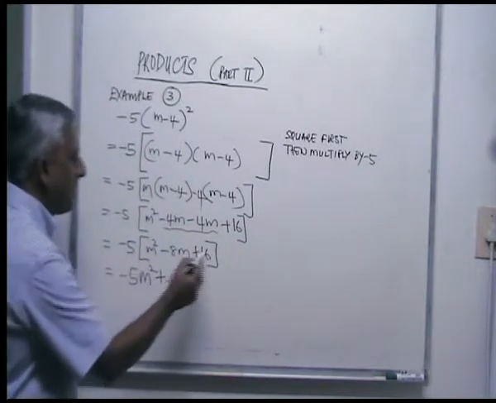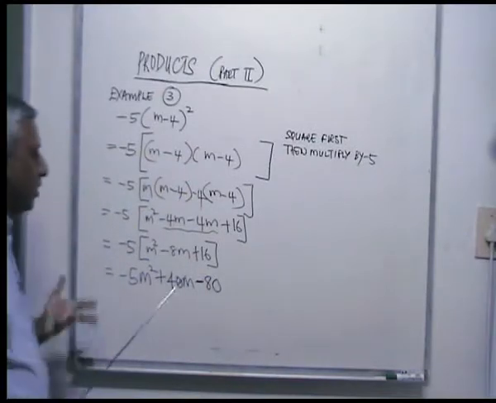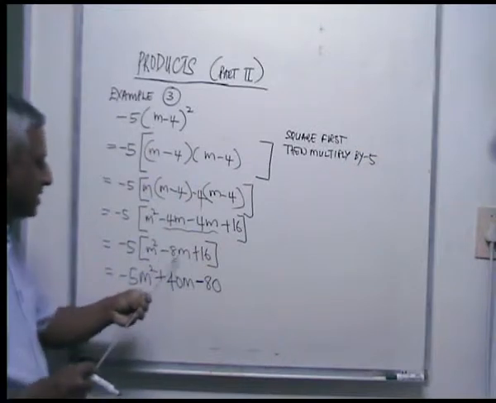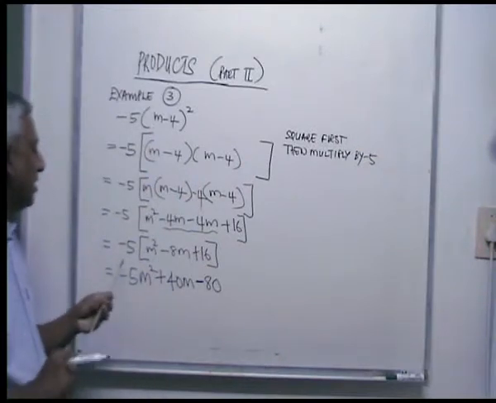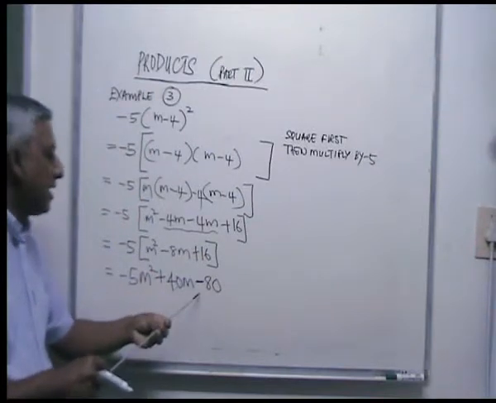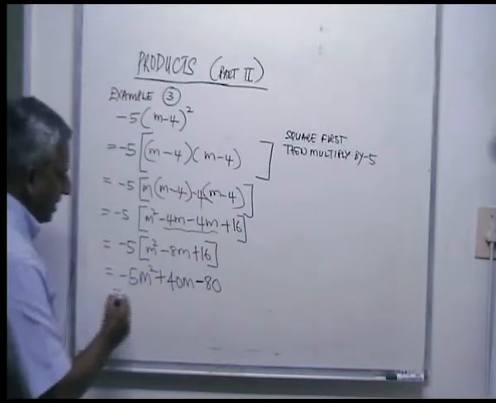Well, if you don't know the rules, 5 times 16 gives you 80. But if you don't know the rules, no problem, put in your calculator. Minus 5 times minus 8, you will get plus 40. Minus 5 times plus 16, and you will get minus 80. Alright, so that's your final answer.